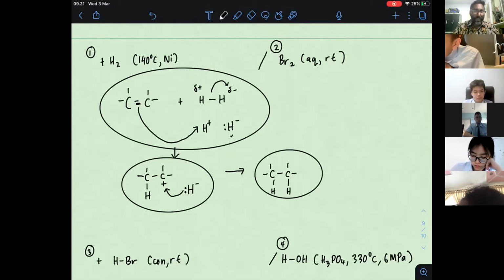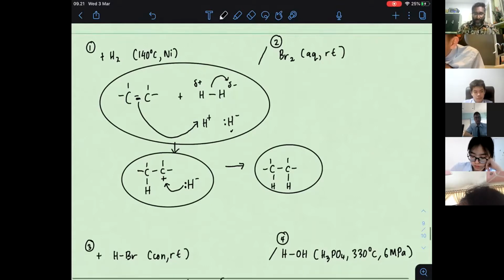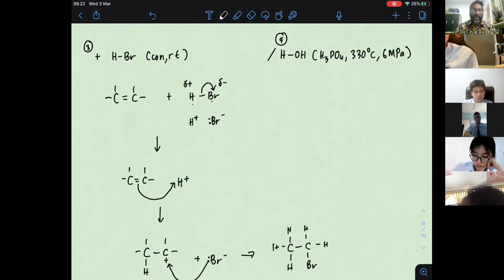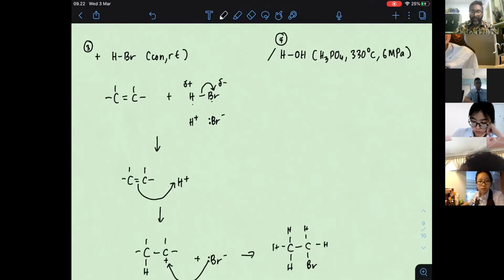Another way the electrophiles can be formed is by having polar molecules. They themselves, the electronegativity will pull the electrons to one side, and then the heterolytic fission will happen. So this is another way on how electrophiles can be formed.